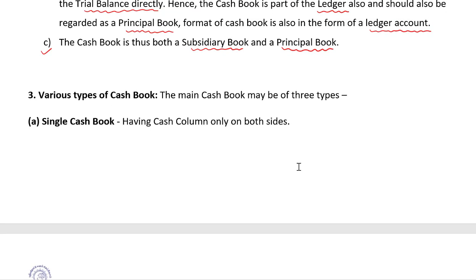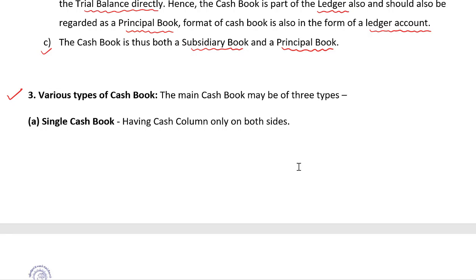Let's move ahead and see types of cash book, or kinds of cash book. Students, we have three types of cash book: simple cash book or single column cash book.